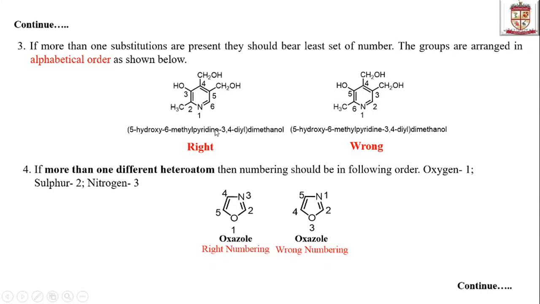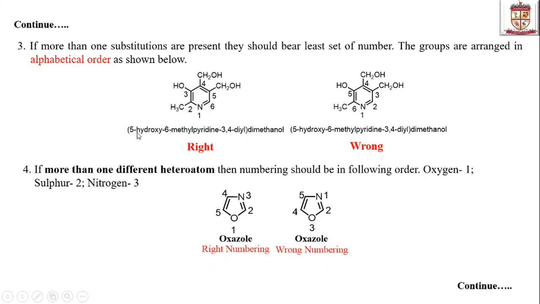Okay, in that case we took two examples which are the same, but the numbering given in the first example is in the right way, according to the IUPAC nomenclature, and in another example we give the numbering in the wrong way, which does not follow our third rule. That means if more than one substitution is present, they should bear the least set of numbers, and the groups are arranged in alphabetical order.